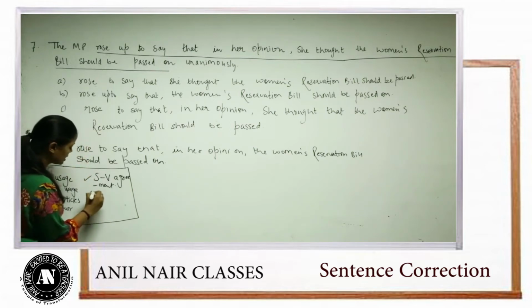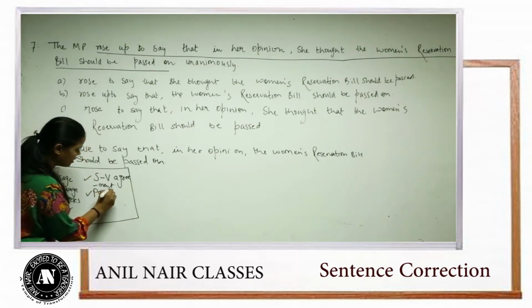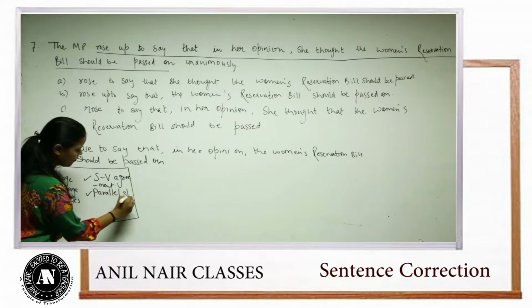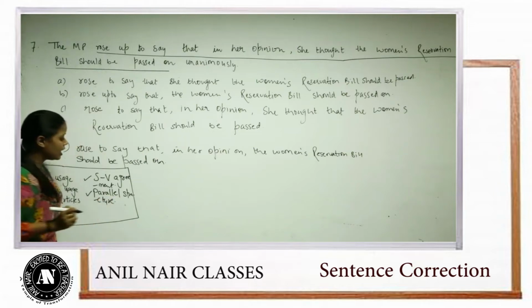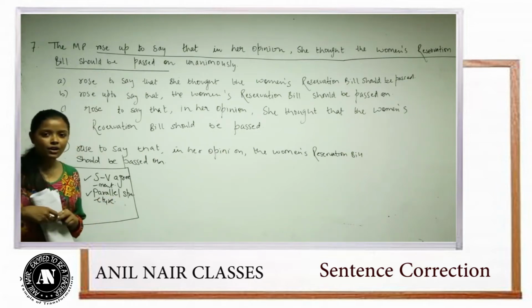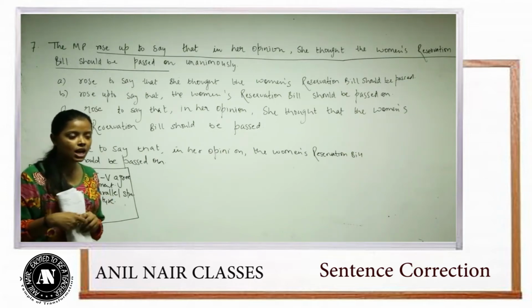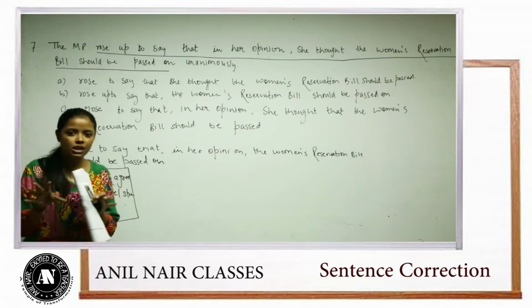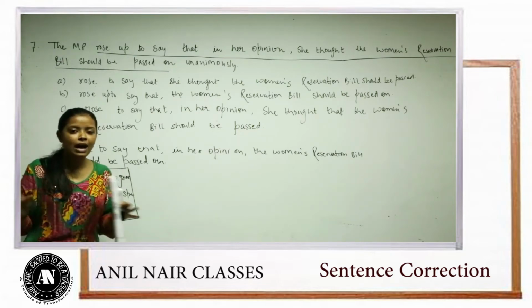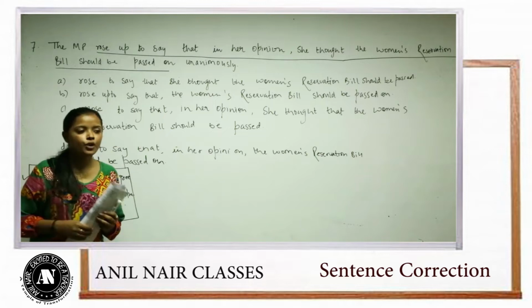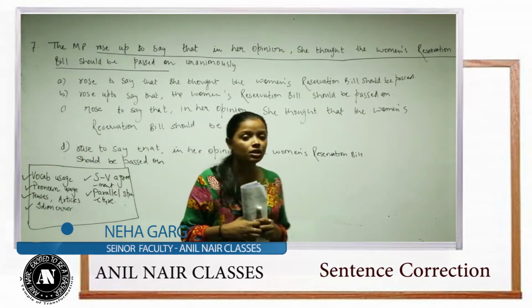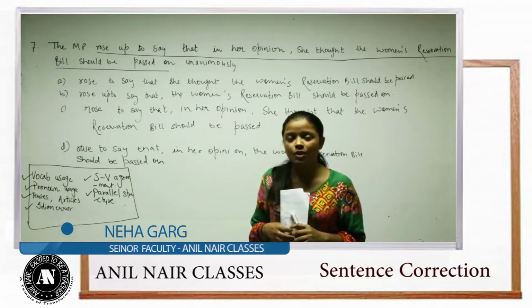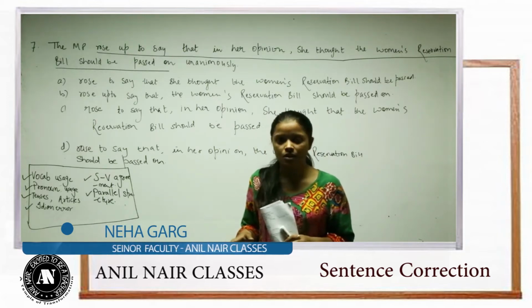Next error is called the parallel structure error. In this error, you are asked to see if all the items in the given sentence are aligned with each other. For example, if it is, she plays basketball and loves music, you cannot combine 2 items like this.